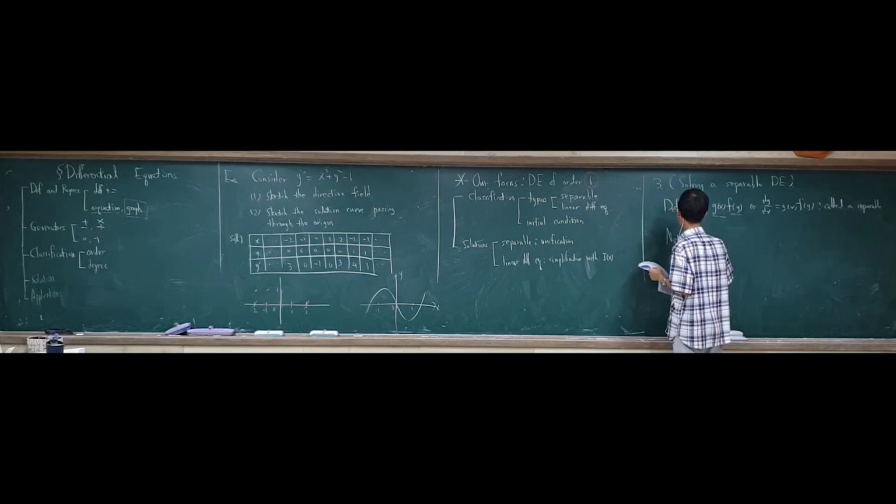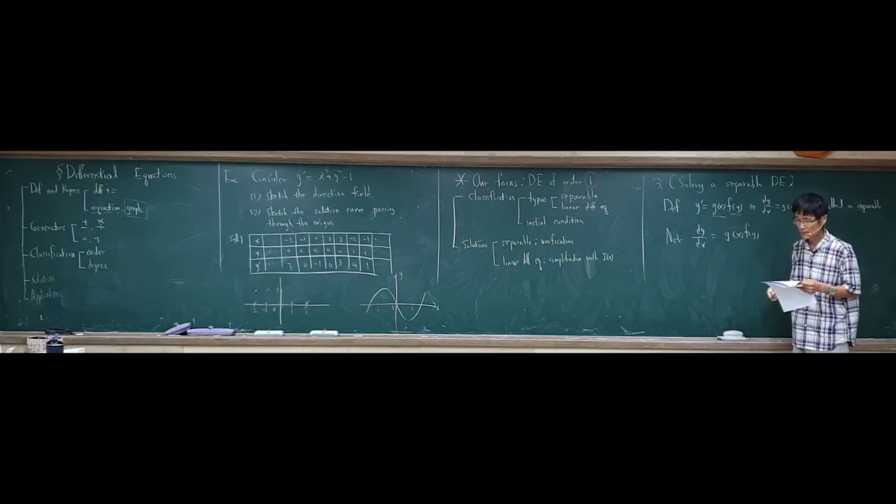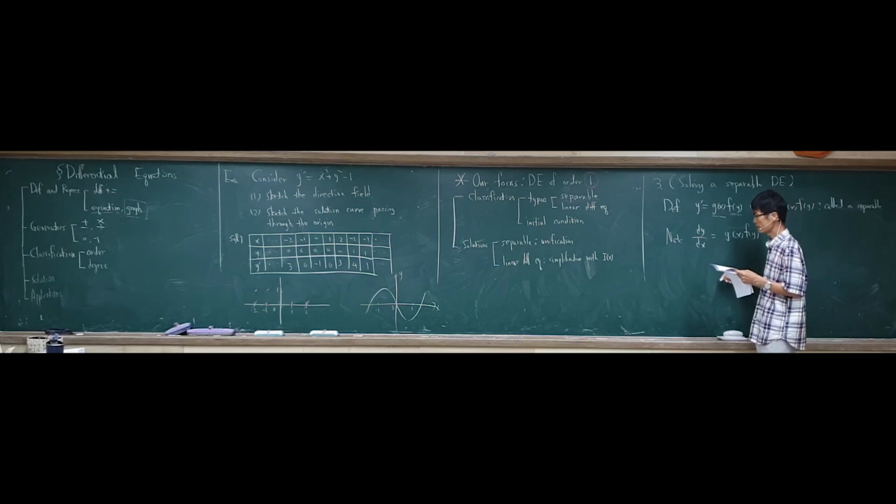If dy over dx is g(x) f(y), then in mathematics unification is important. So we collect terms with similar properties. Here is y and here is y. So we collect terms with y and we collect terms with x.